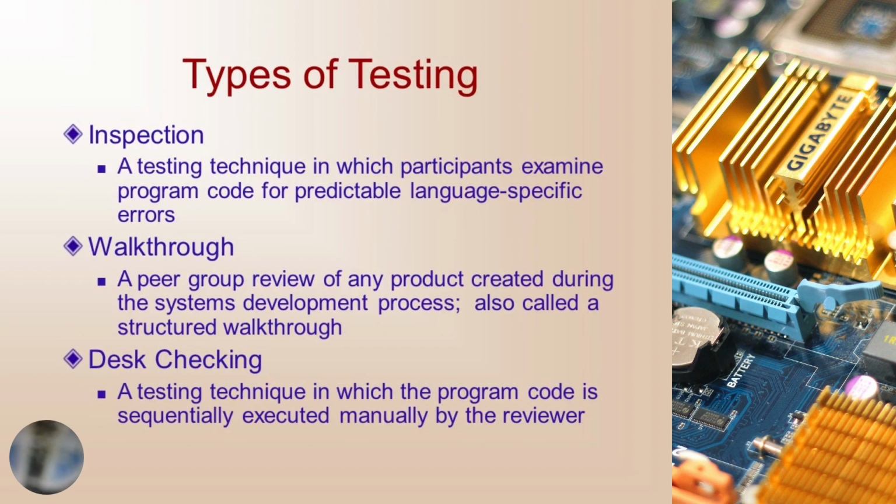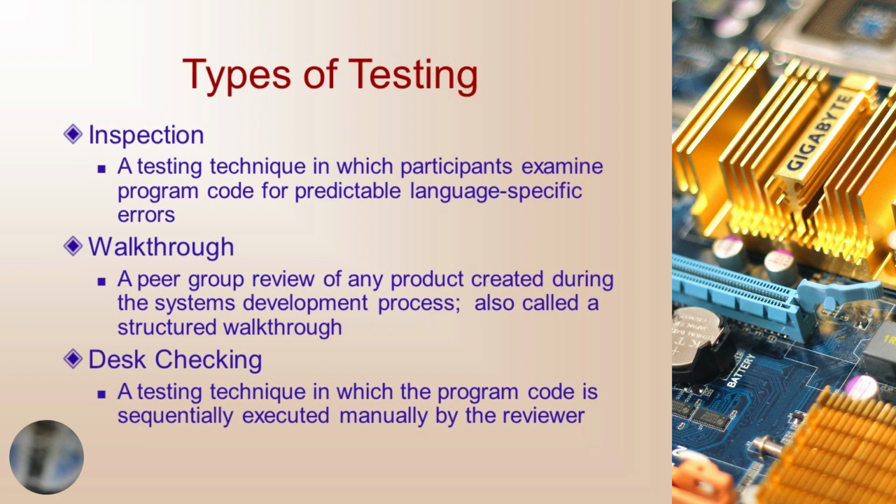In the types of testing, we have inspection, meaning a testing technique in which participants examine program code for predictable language-specific errors. Next is walkthrough, a peer group review of any product created during the system development process, also called a structured walkthrough.